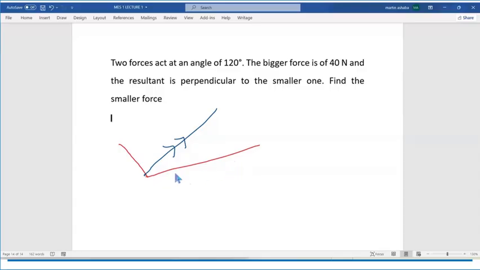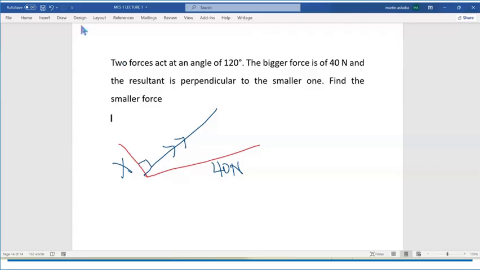We are told that the resultant makes an angle of 90 degrees with the smaller one. We are going to call it X. And remember, this is 40 newtons. If it makes an angle of 90 here, what is going to be this other angle?